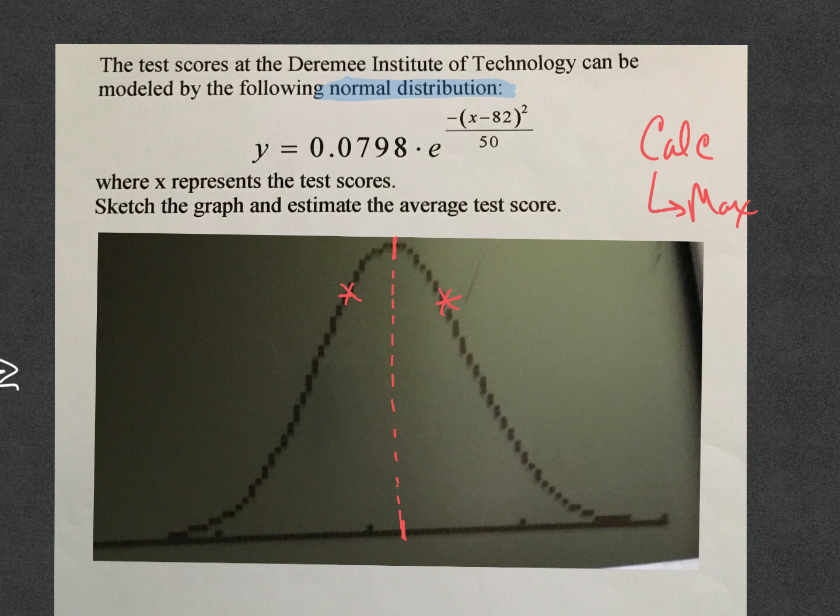What it'll tell you is that x is equal to 82. So the average test score on this exam would be 82. Once you've seen that result, you can see where it's coming from: it's coming from that parentheses. Obviously correct. Just a little bit of fun there.